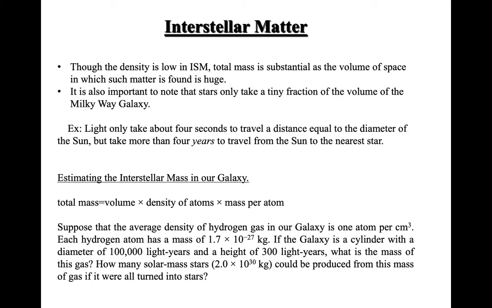But the closest star to us normally takes how many years? 4 years to travel from the sun to the nearest star. If you think about the distance between these two stars, light takes 4 years to travel from one star to the other. And you can see the amount of distance in that way. It's a huge distance, right?